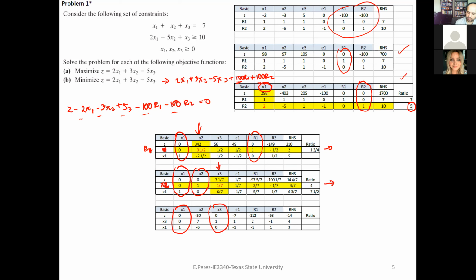After performing the elementary row operations, we check again for a positive coefficient in row 0. The answer is no. So we have found the optimal solution for this problem, which is x3 equals 4, x1 equals 3, and the objective function equals -14.